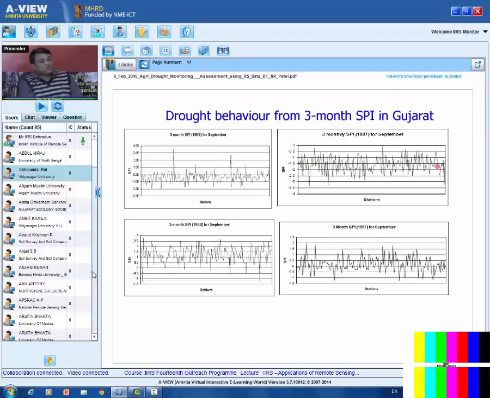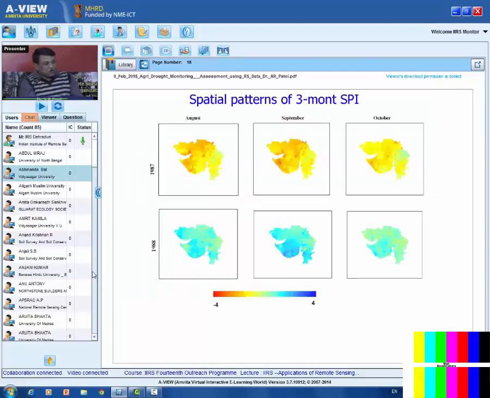So it was the most severe drought. All stations were under most severe drought. But again in 1988, it is above normal. All SPI is positive, above 0 at most stations. And 1997 is almost a normal year, between -0.5 and +0.5. So from this you can understand that SPI can be used well for drought monitoring.